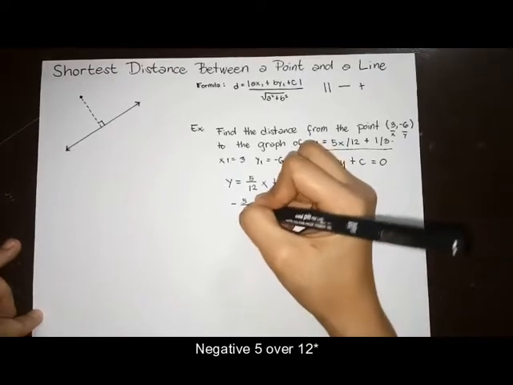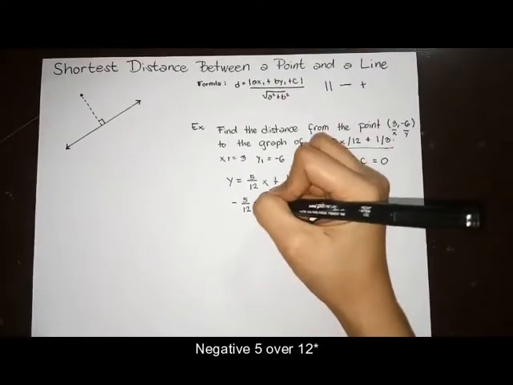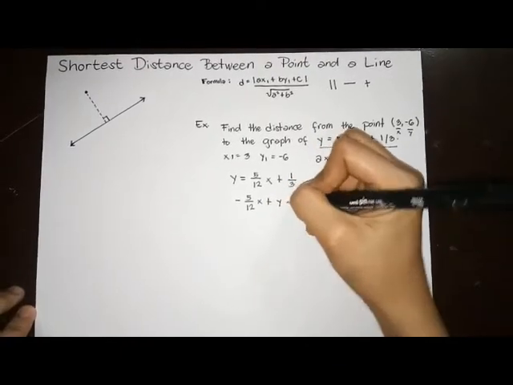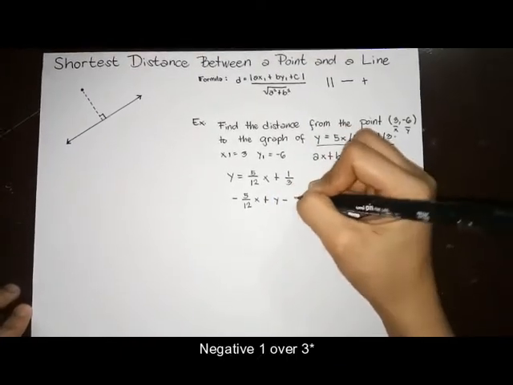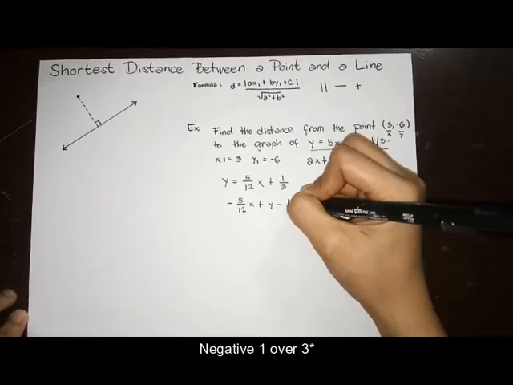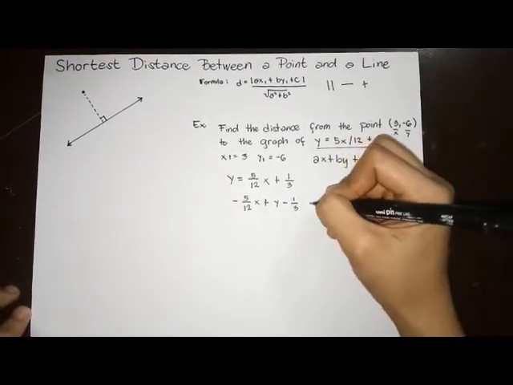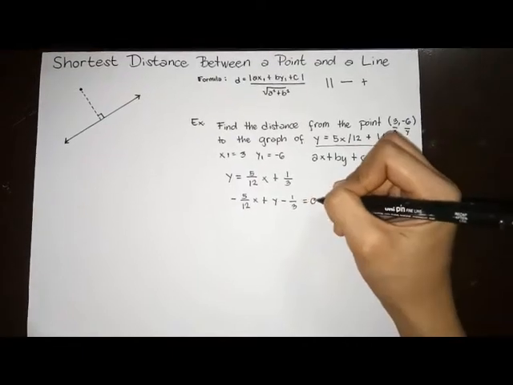So negative 5 over 12 x plus y minus 1 over 3 equals 0.